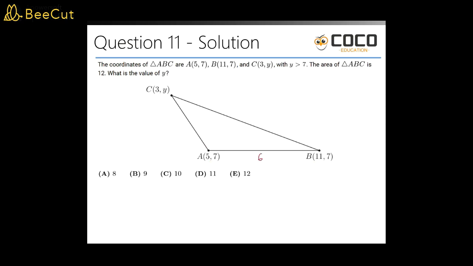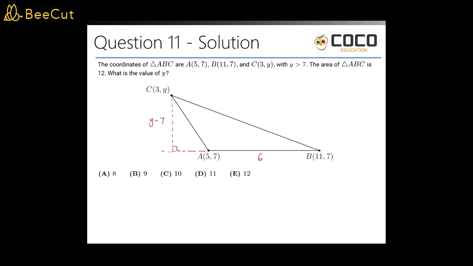Then we look for the height. Right. This one is y, this is 7. So the difference between them is y minus 7. That's the height. And it says the area of the triangle is 12.